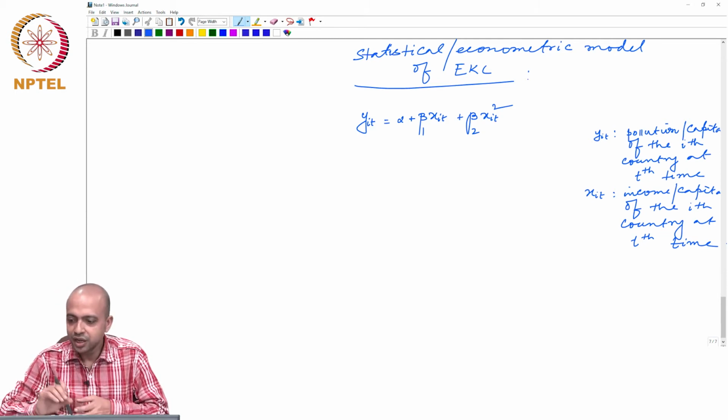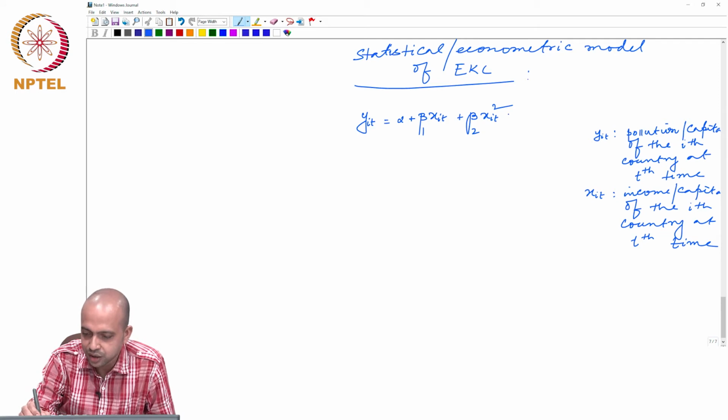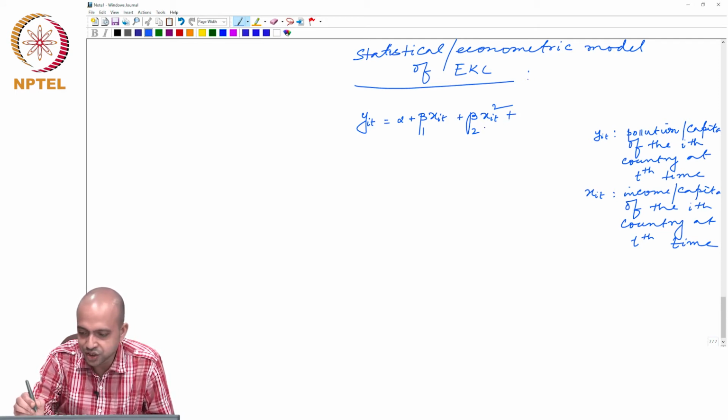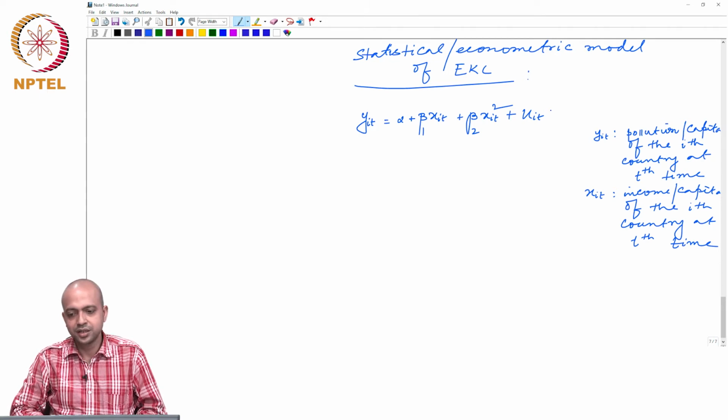That is why economists convert this mathematical model into a statistical one by adding a stochastic error term, U_it. Okay? They add a stochastic error term.